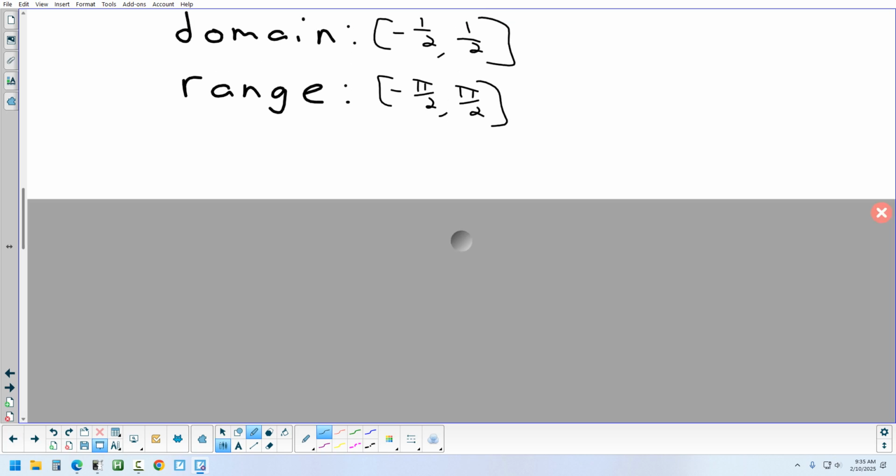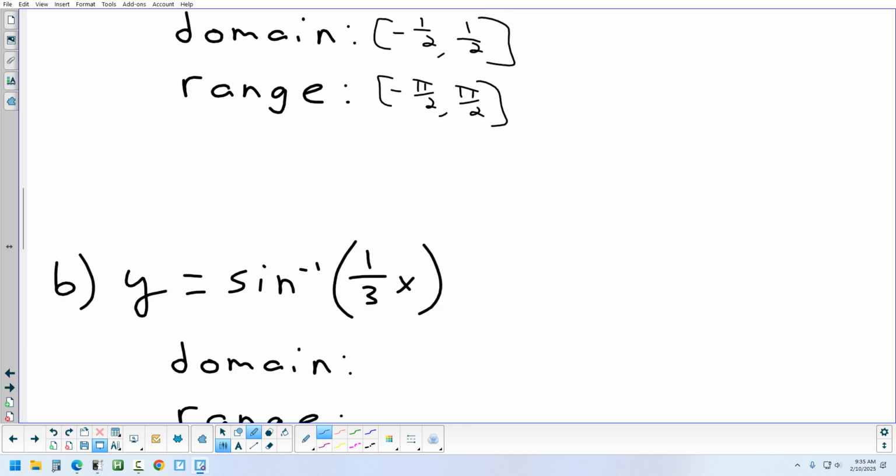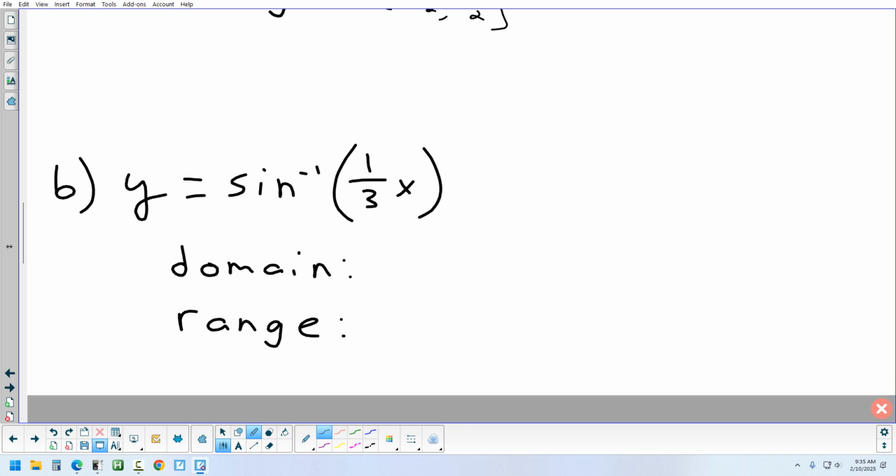Let's try another one. Inverse sine of 1/3 x. I'm going to do a few inverse sine ones, and then we'll switch it up with a different one. Okay, anything here that is not being changed? Maggie, anything here that's not being changed?